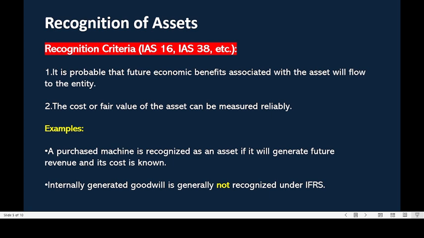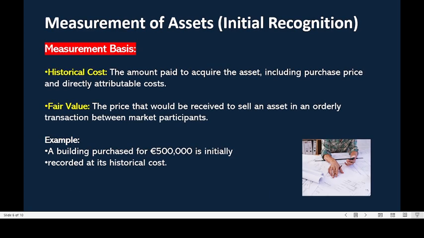Once an asset meets the recognition criteria, it is measured either at historical cost or fair value. Historical cost refers to the amount paid to acquire the asset, including any directly attributable costs such as delivery or installation. Fair value, on the other hand, is the price that would be received to sell the asset in an orderly transaction between market participants.